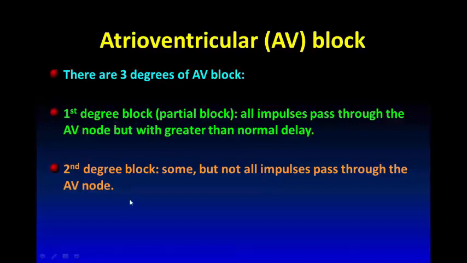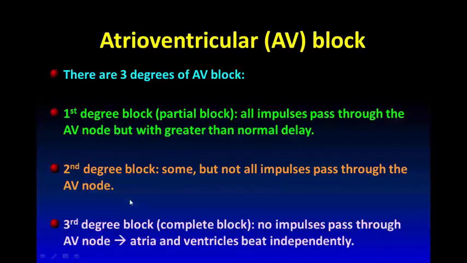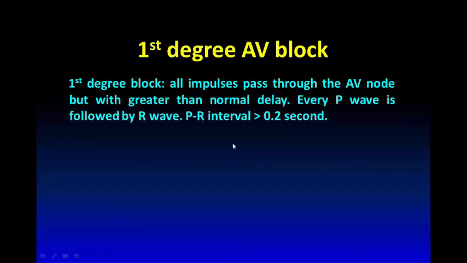In the third degree heart block, which is also known as complete heart block, none of the impulses which originate in the sinoatrial node pass through the AV node, and hence the atria would beat according to the impulses originating from the sinoatrial node, and the ventricles would develop their own rhythm, and hence the atria and the ventricles would beat independently. Let's describe the degrees of AV block, the degrees of heart block in more detail.